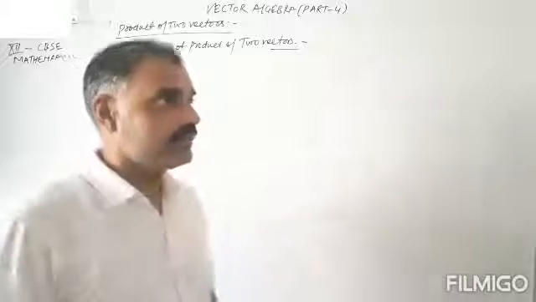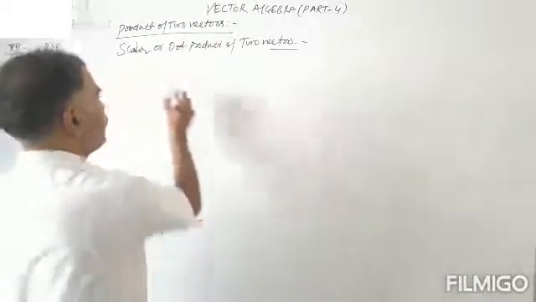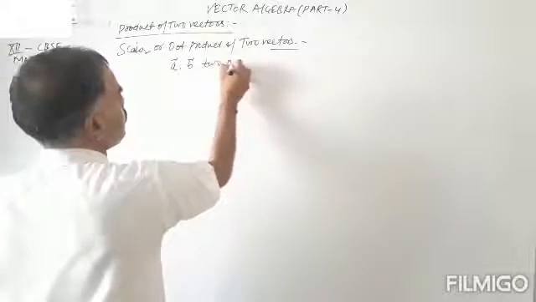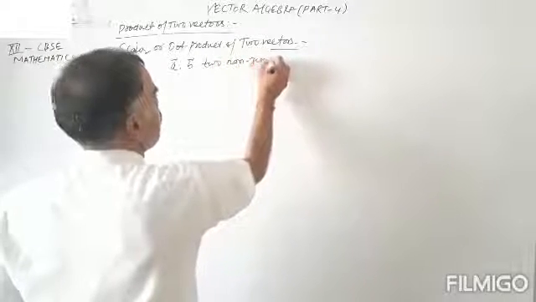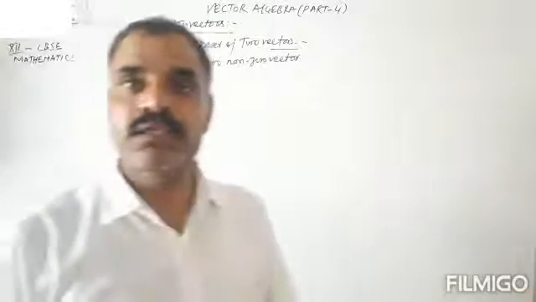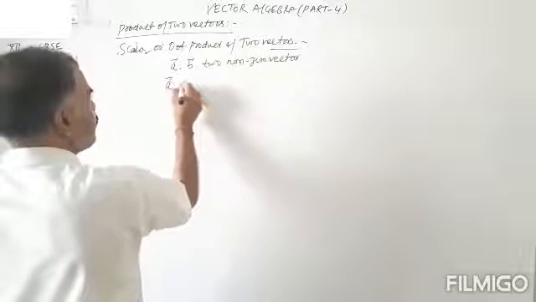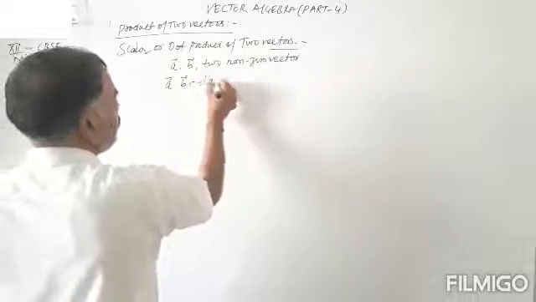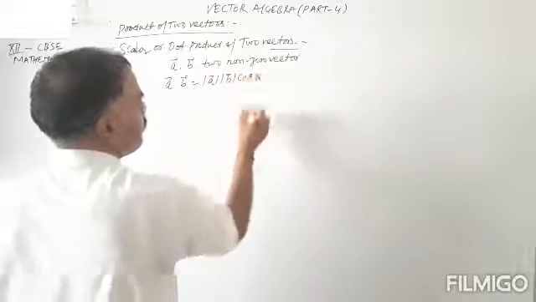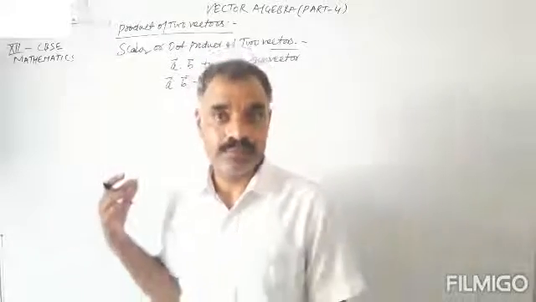Let us have two vectors, a vector and b vector. These are two non-zero vectors. Then their dot product is defined as a vector dot b vector equals magnitude of a vector, magnitude of b vector, cos theta. So the dot product of two vectors is defined in this way.